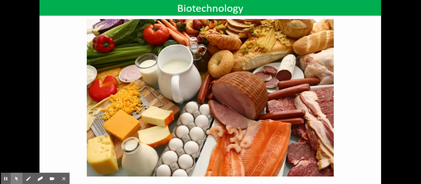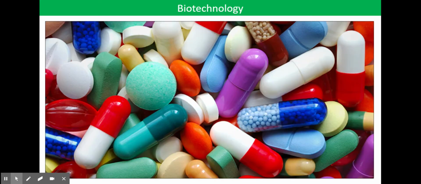The first is in food. So various different microorganisms are used for the production of beer and wine, for bread, for yogurts, for cheese, for soy sauce, for example, soya products. A second major use of microorganisms in biotechnology is in the pharmaceutical industry for the production of drugs such as penicillin, antibiotics, insulin.